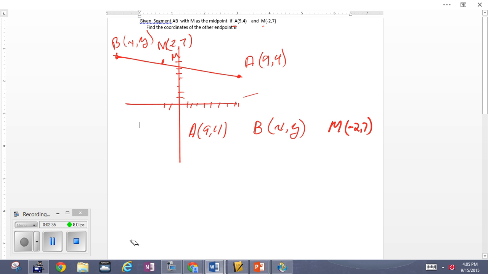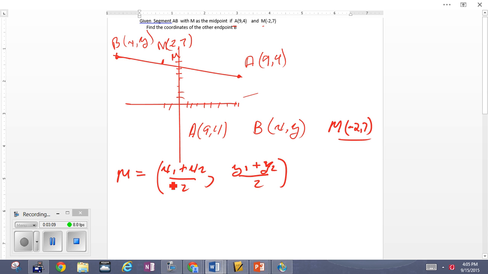Now, what does our midpoint formula tell us? It tells us the coordinates of the midpoint, M, are given by the formula x1 plus x2 over 2 and y1 plus y2 over 2. We already know that the coordinates of the midpoint are negative 2, 7.